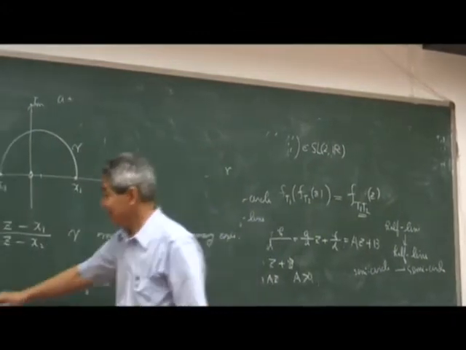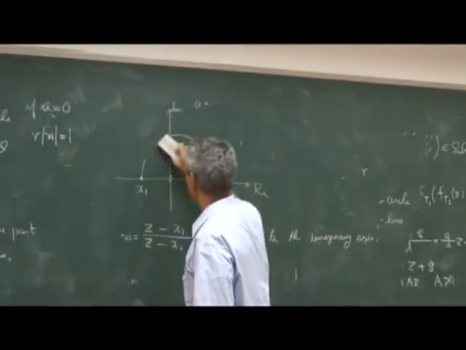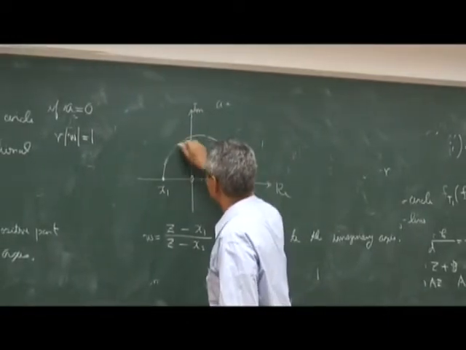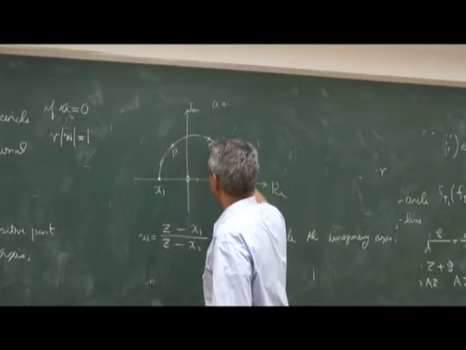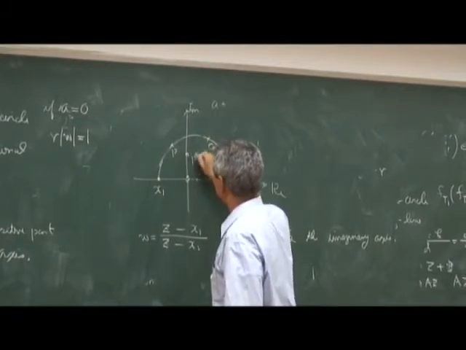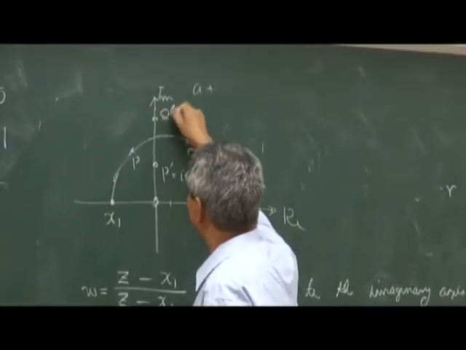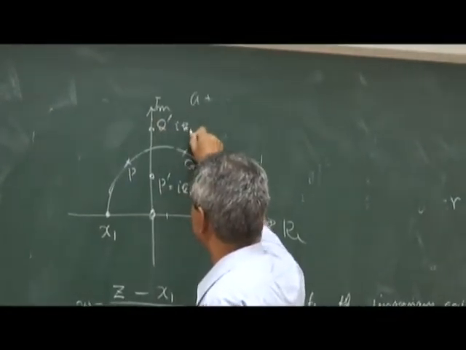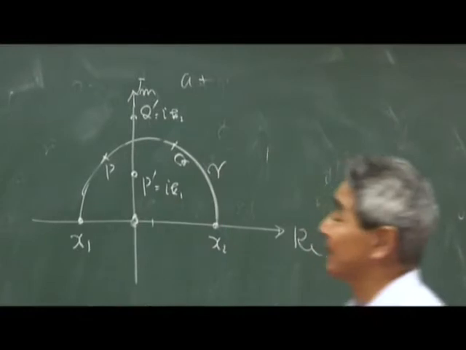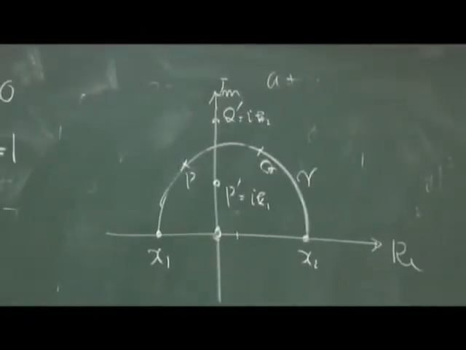So what you have to prove is, if you have here two points, P and Q, then these map to somewhere: P prime, which is iy1, and Q prime has the form iy2.